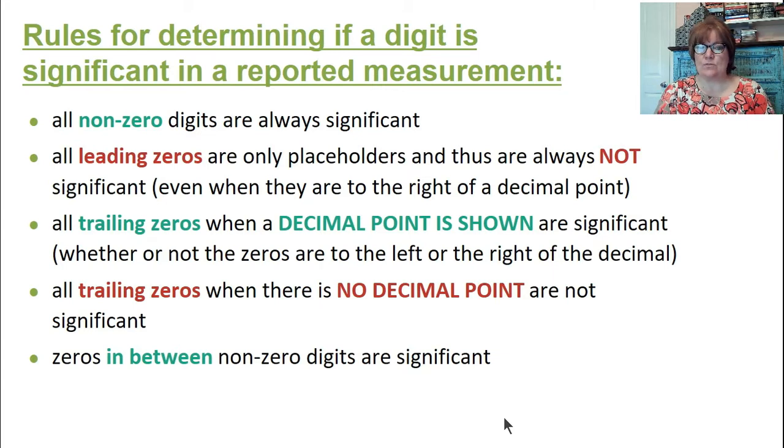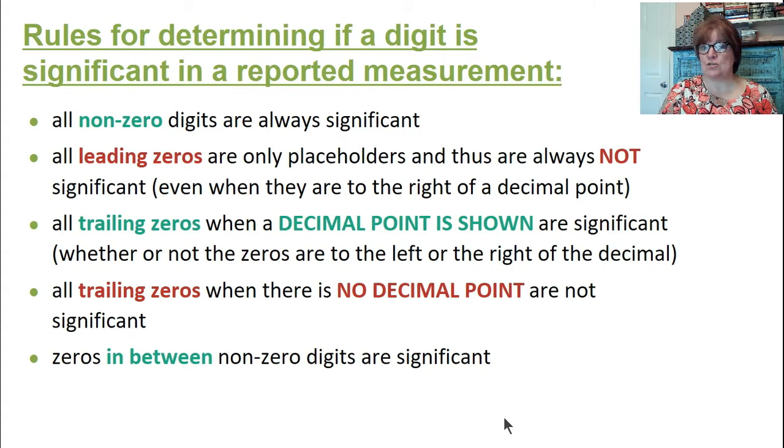Leading zeros, the zeros to the left of the non-zero digits, are always non-significant. They can only be used as placeholders. So any zeros to the left of where the non-zeros begin are not significant. Trailing zeros, meaning zeros that come after non-zero numbers at the end of the number, are sometimes significant.